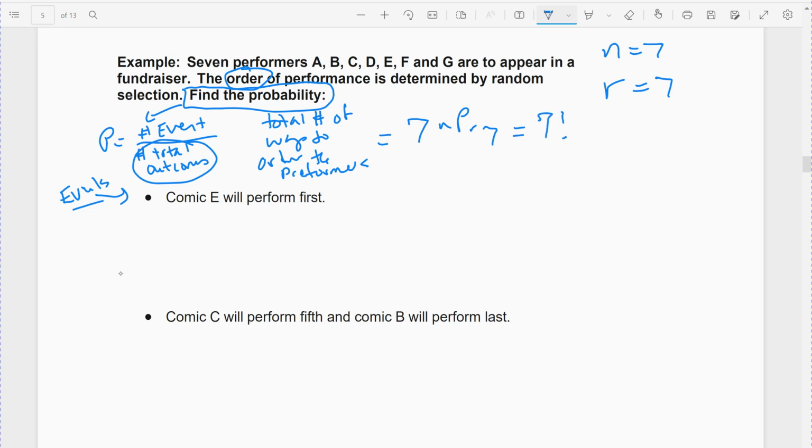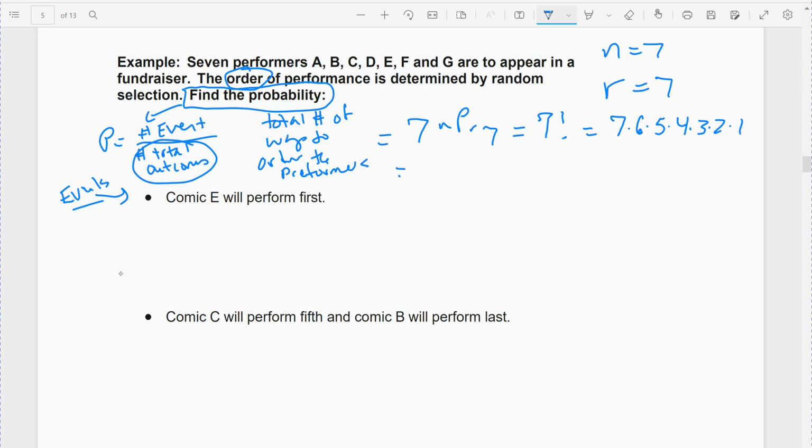You can use permutation 7, choose 7. It's exactly the same as 7 factorial, because what both of those give you is 7 for the first position, 6 for the second, 5, 4, 3, 2, until we get down to the last person, the last position filled. So it's that order of numbers where we subtract one every time.